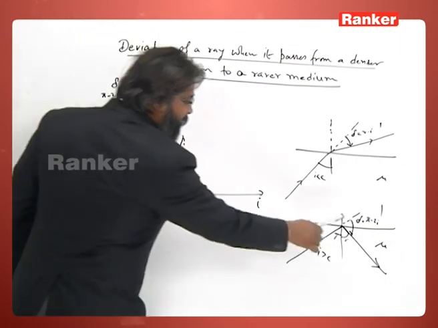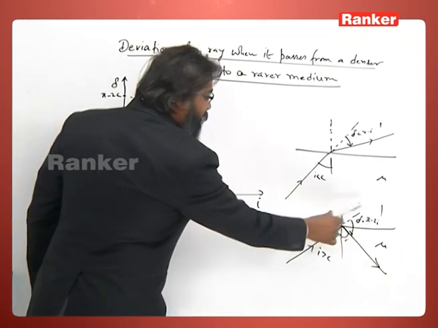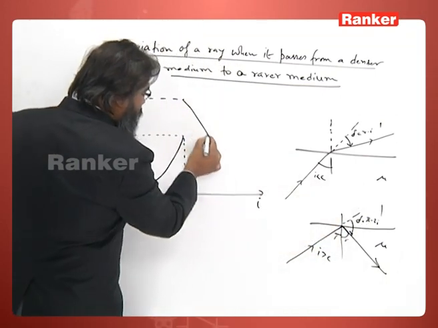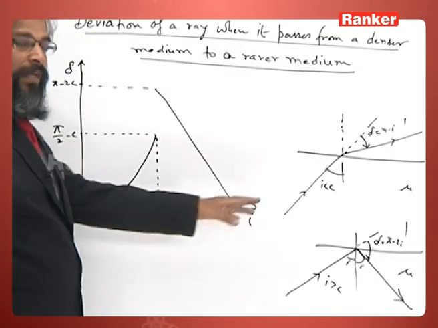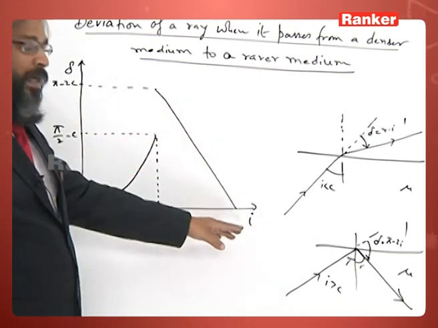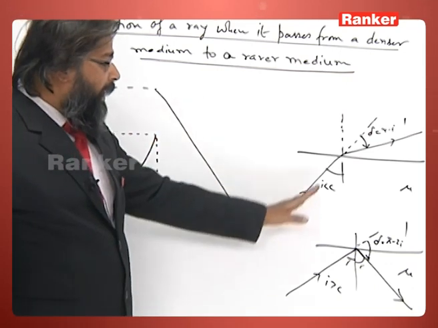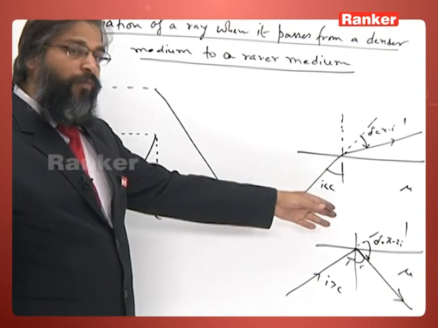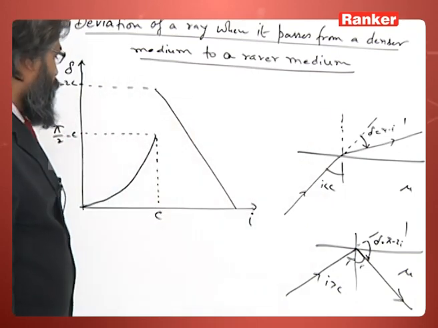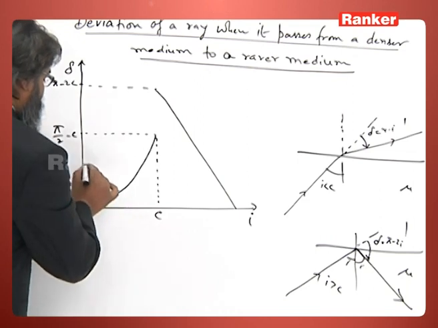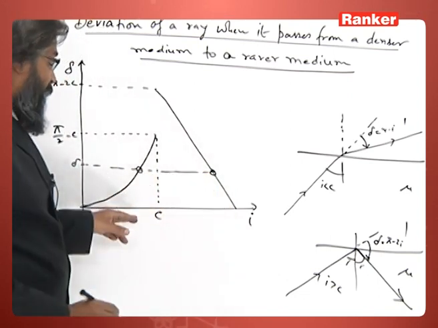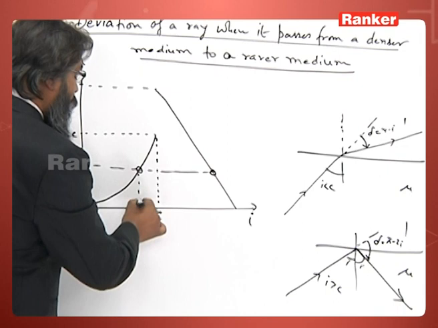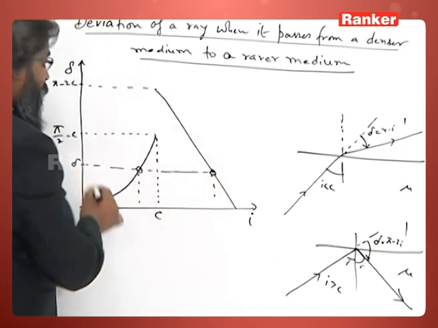Now this deviation is pi minus 2I, this is a straight line, it decreases like this. This is how deviation depends on I when the ray is going from a denser medium to a rarer medium. For any deviation you see here, there are two angles of incidence for which we can have the same deviation.